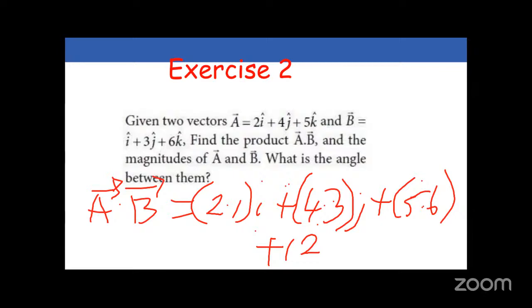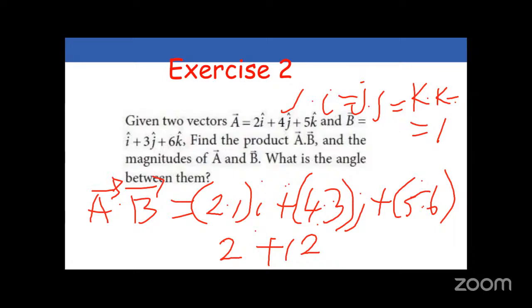2i dot 1i gives us 2. i dot i is equal to j dot j is equal to k dot k is equal to 1.